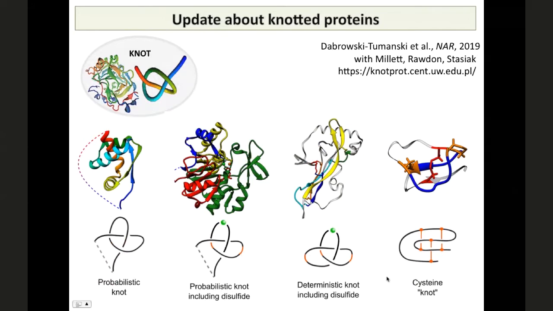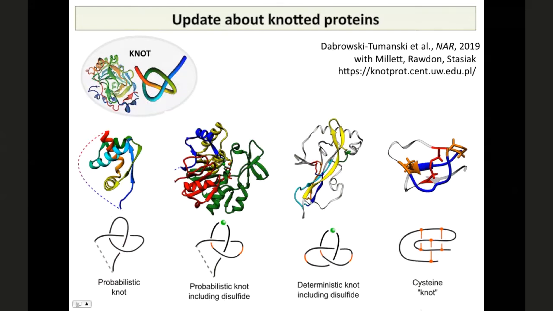But surprisingly, if you look a little closer, we can find a deterministic knot when we take into account the sulfide bridge. I call this deterministic because the knot is exactly determined by the protein backbone and other covalent bonds that exist in the protein.